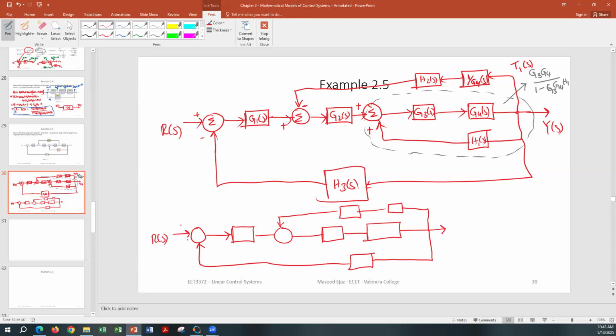R(s) plus minus H3, G1, plus minus H2, 1 over G2. And then this thing is G2 right here. Oh, this is 1 over G4, not G2. Let me make it a little bigger.